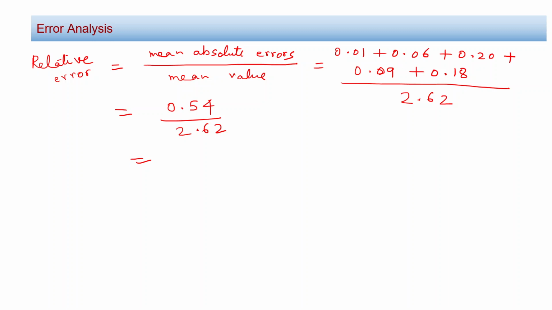Actually, it is the mean of absolute errors, so we have to divide this by 5. We are taking the mean of all the absolute errors and then the ratio with the mean value. So 0.54 divided by 5 will give us 0.108, divided by 2.62.